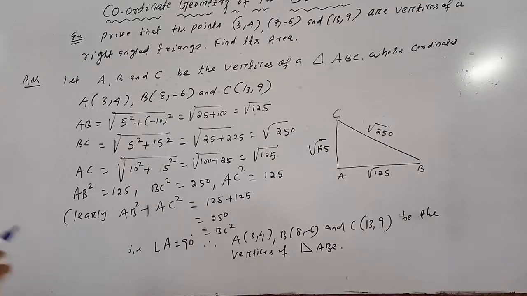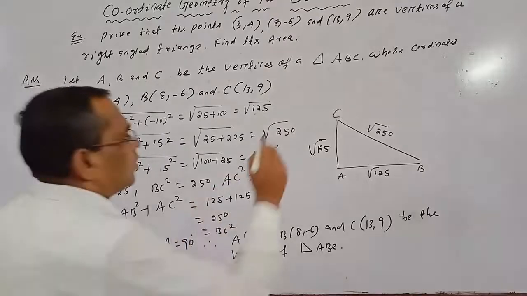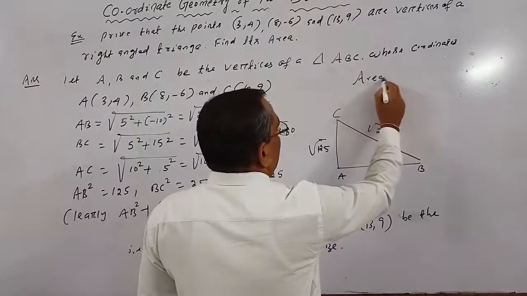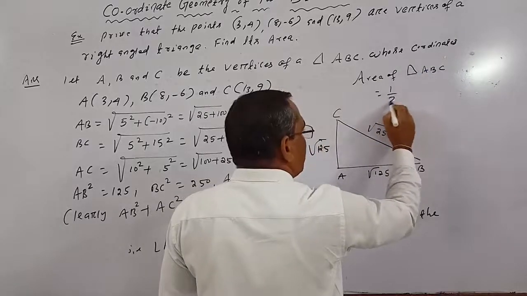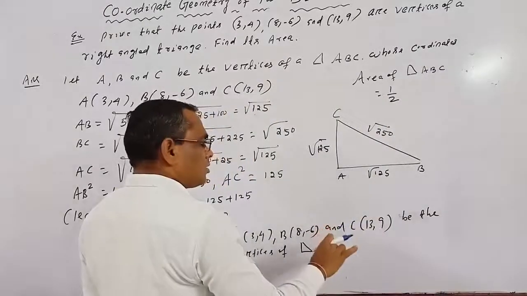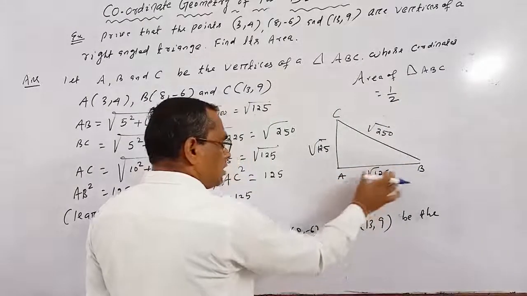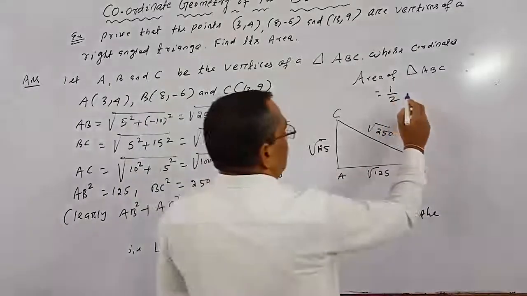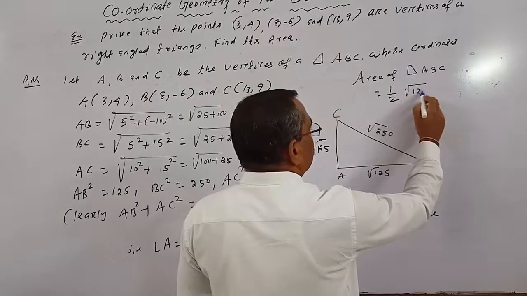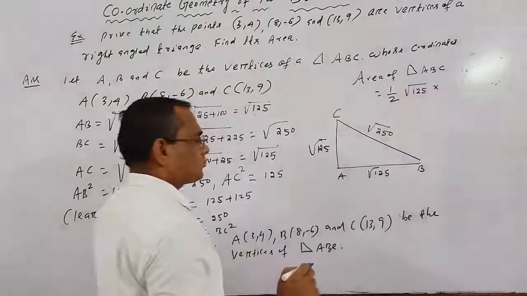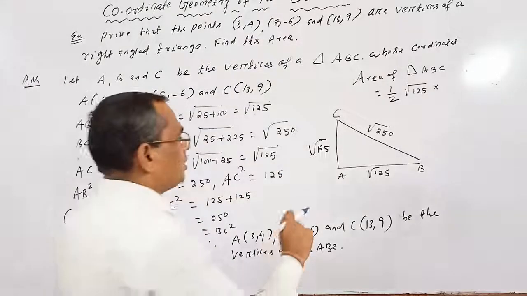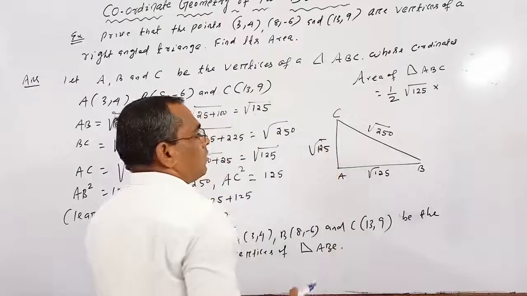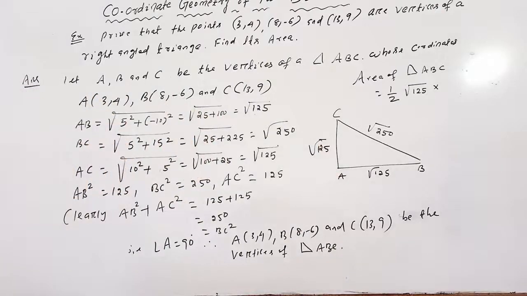You know, in a right angle triangle, area equals half into length into breadth. So the area of the right angle triangle ABC equals half into base into height.